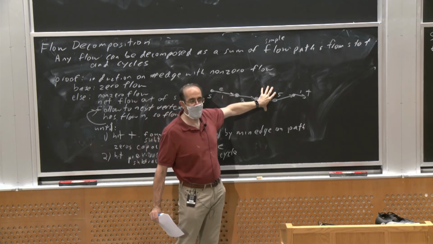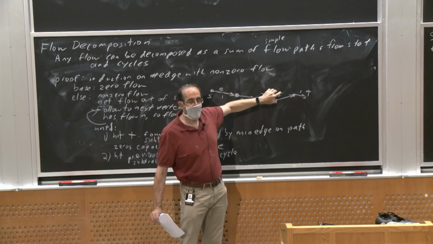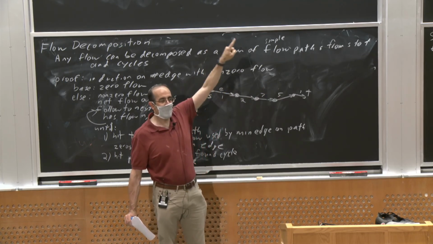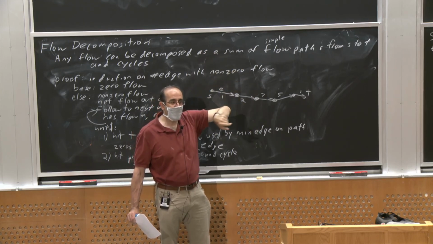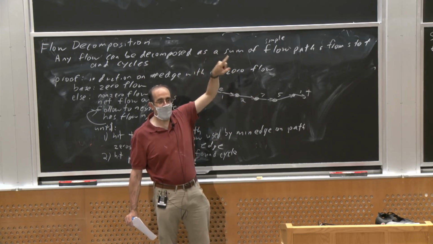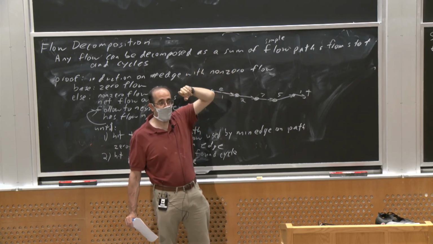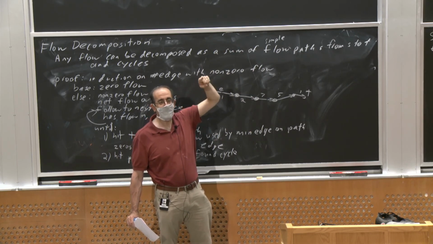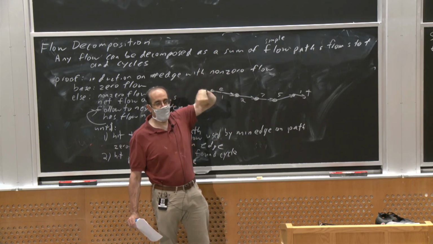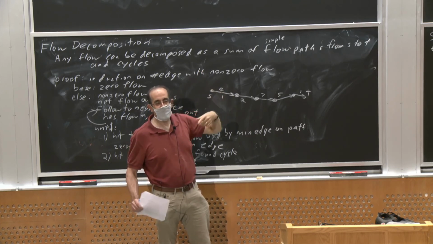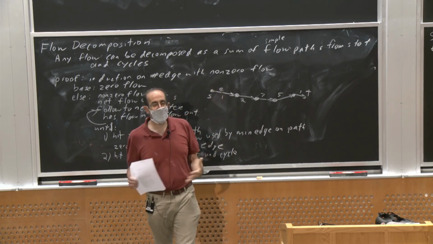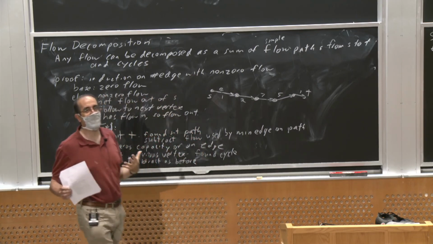Just start at a vertex that has flow going through it and do the same trick. Walk out of that vertex, and eventually, by conservation, you're going to have to come back to your starting point, creating a cycle. And at that point, you just keep pulling out cycles. So when you're done, you will have just paths and cycles that together add up to the flow.